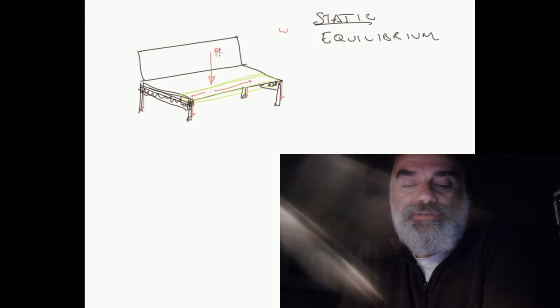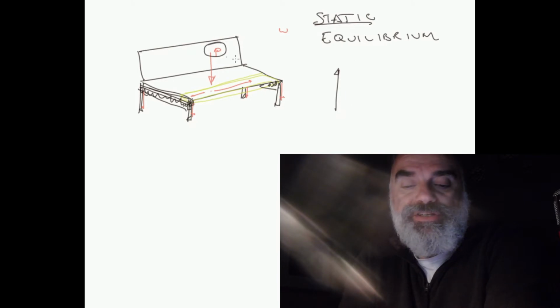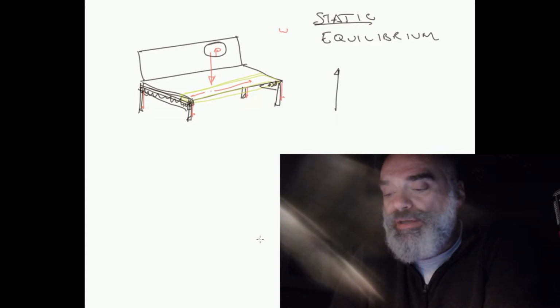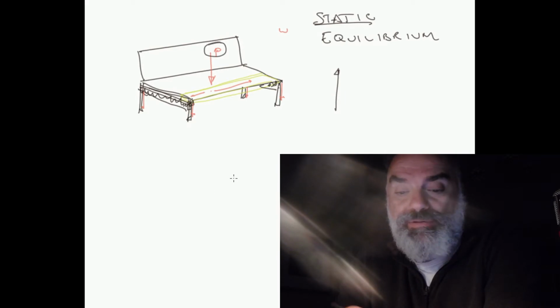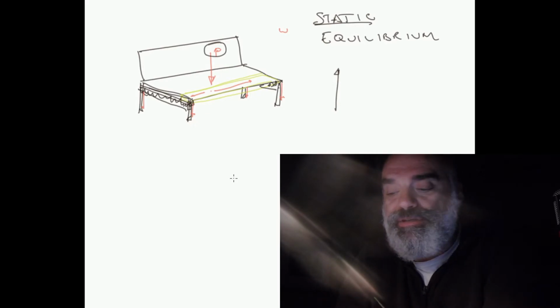So in order to do that, we've got this load acting downwards. So if we say positive is in the upwards direction for the purposes of our sign convention, we've got a negative force acting downwards, and that needs to be balanced by some vertical forces acting in the equal and opposite direction. So equal magnitude of force acting in the opposite direction.